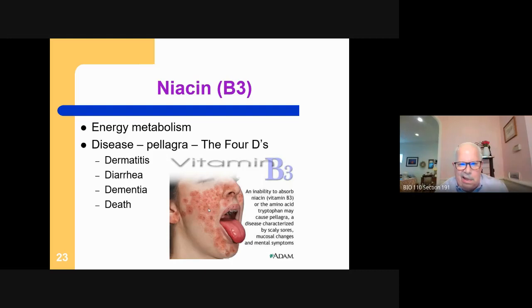Nicotinic acid, niacin. A disease of lack of niacin is known as pellagra. And pellagra is known as a disease of the 4 Ds: dermatitis, problems with your skin, diarrhea, dementia, and death. Pellagra, a lack of niacin.